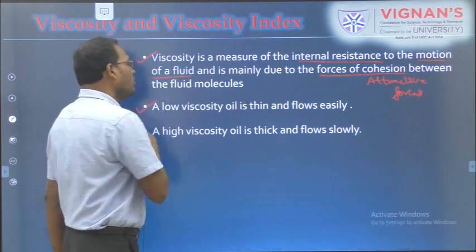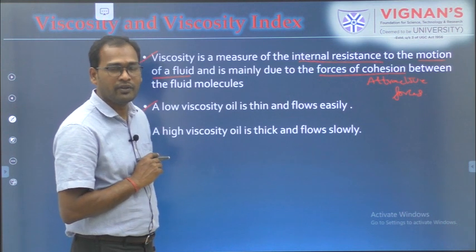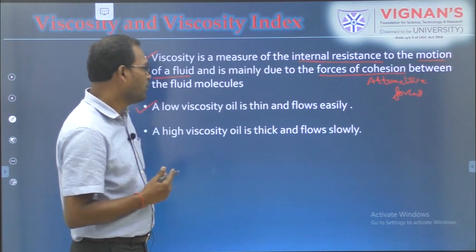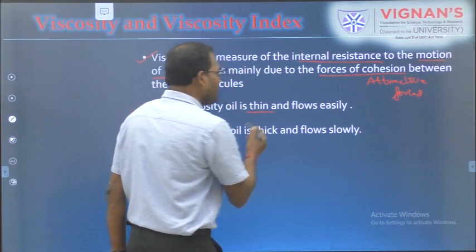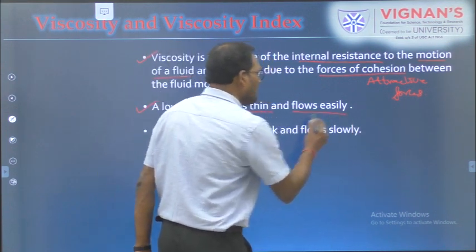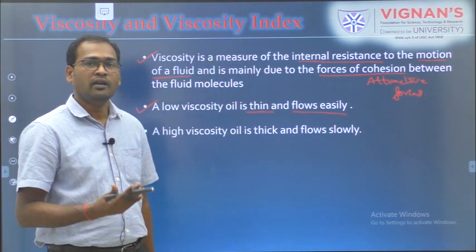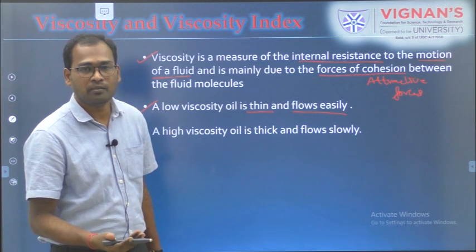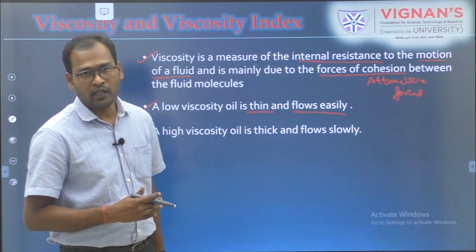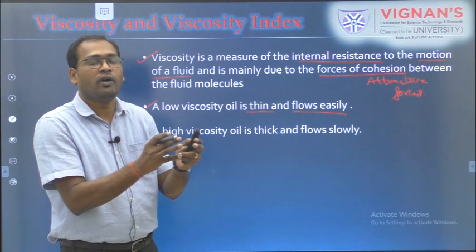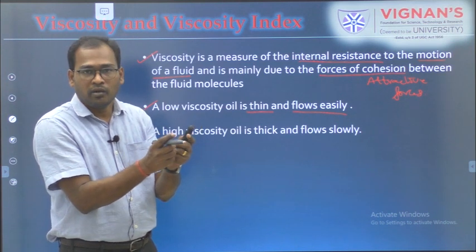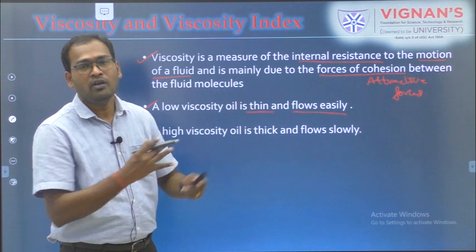If a system has a low viscosity, that means it is very thin and it can flow easily. Any system whose viscosity is low can flow freely, because it does not form any kind of adhesion among its molecules.